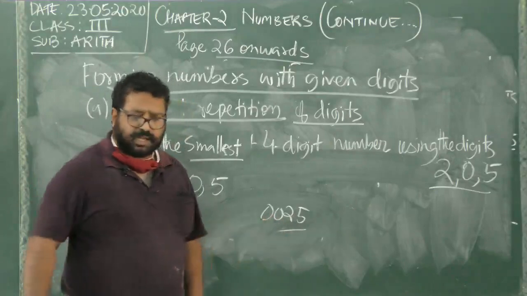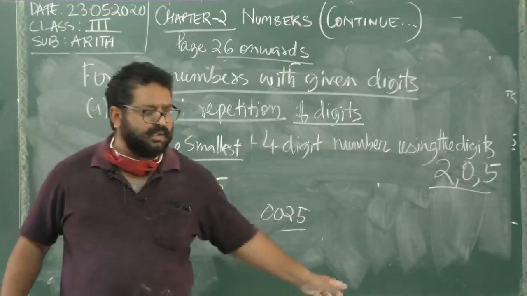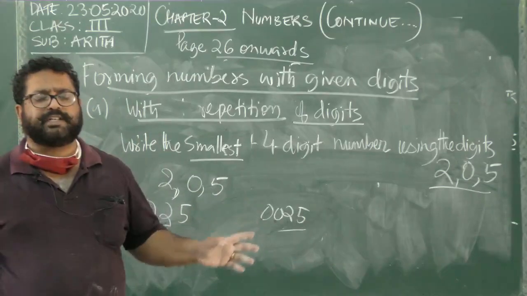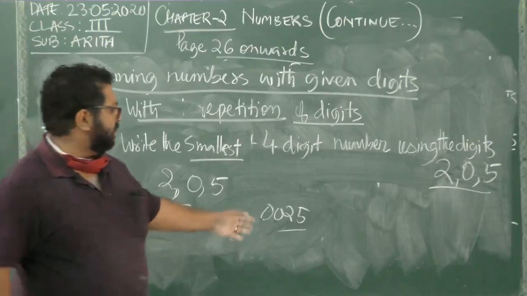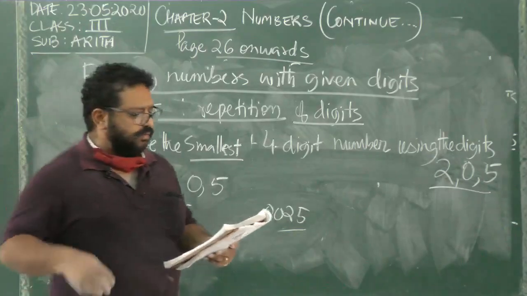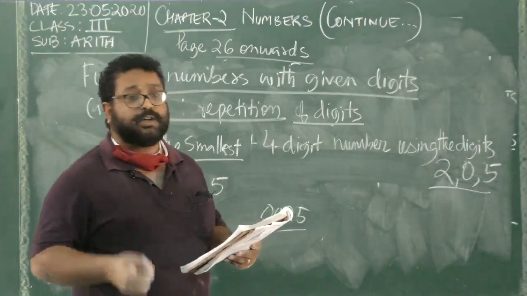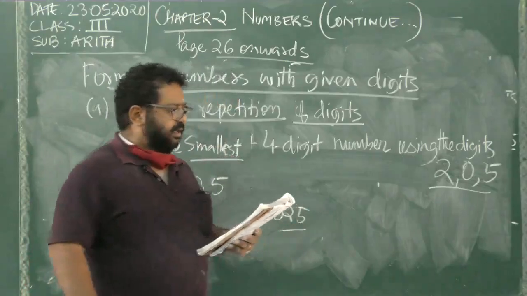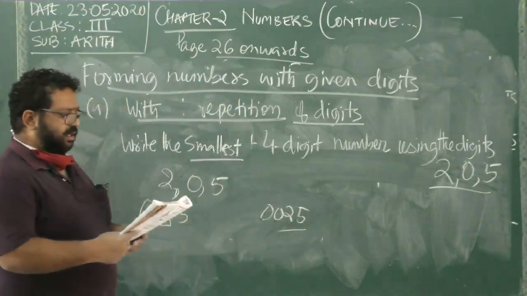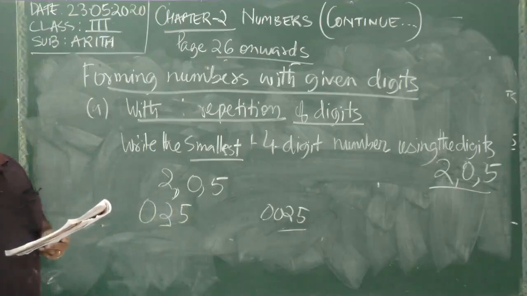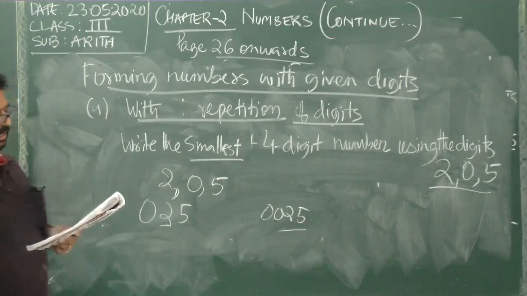Because like I said in the previous example, 0 does not have any value if it is written before a number. Do you understand? So it is not a 4-digit number but a 2-digit number. So we will write the next bigger number, that is 2 in this case, in the 1000 place, followed by 0 in the 100 place and tens place.